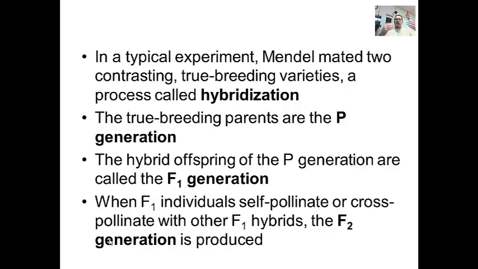Then your first offspring is the F1 generation, and then you cross those F1 individuals, filial 1, and you produce an F2 generation.